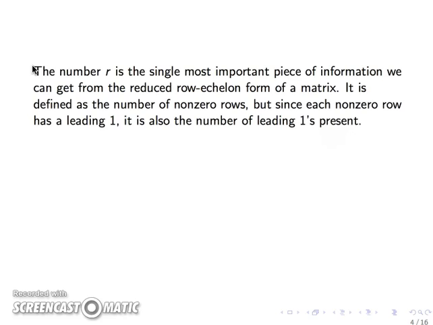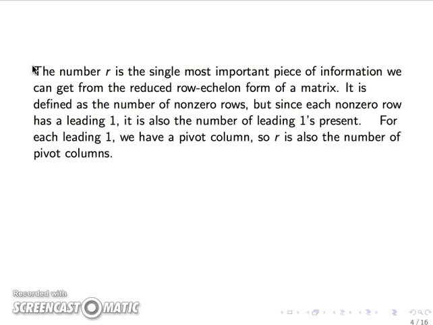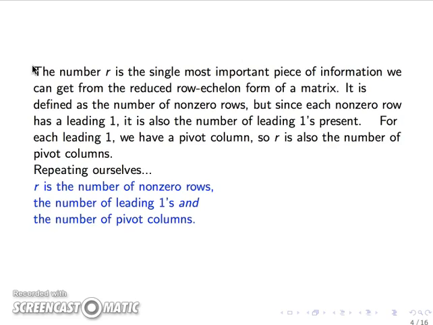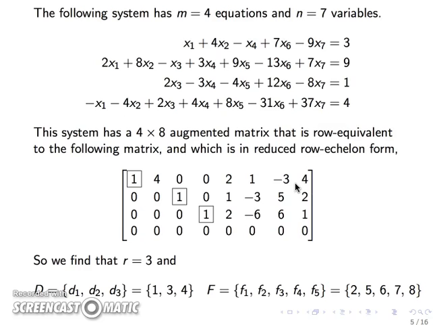So this is part of the information we have said. For each leading one, we have a pivot column, so R is also the number of pivot columns. So R is the number of non-zero rows in the RREF, the number of leading ones, and the number of pivot columns.